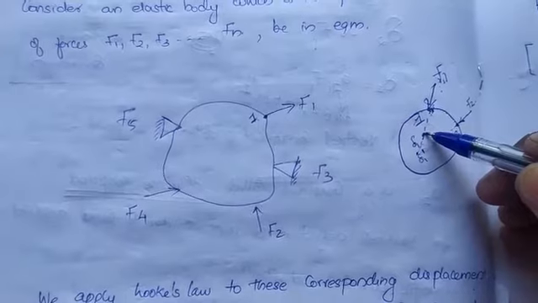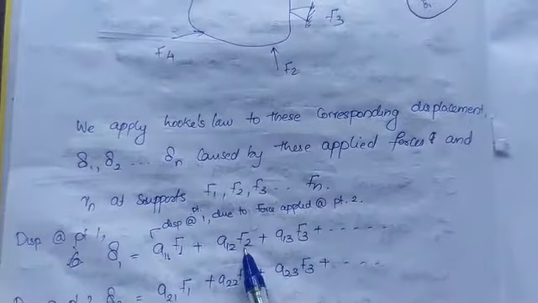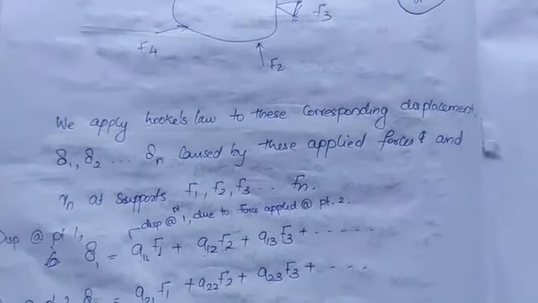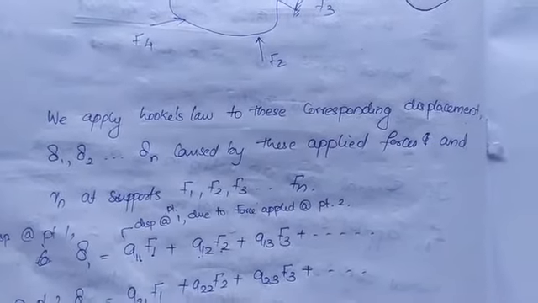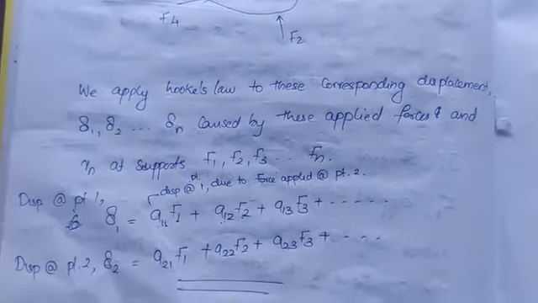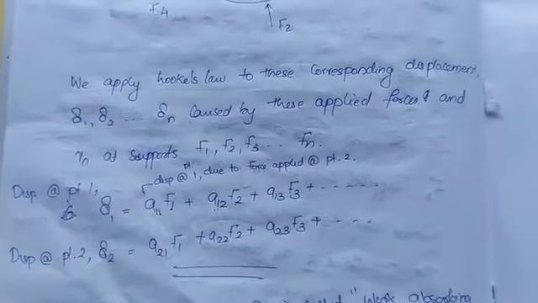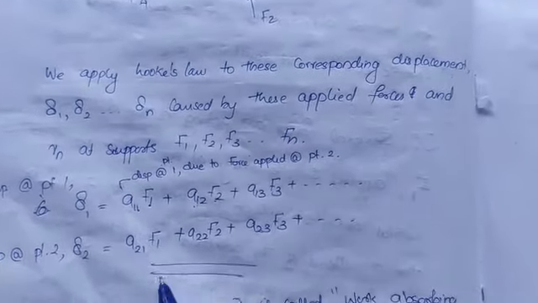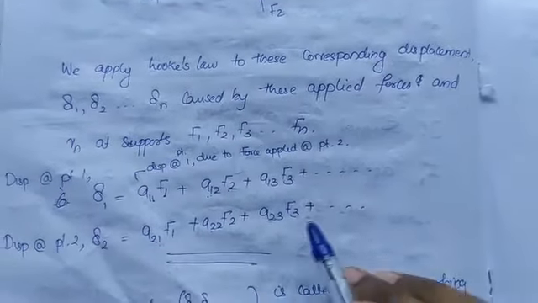And there is also a displacement due to the force F2, having an influence coefficient A12, the displacement at point 1 due to force at point 2. And it goes on, A13 F3, etc. Similarly, delta 2 is A21 F1 plus A22 F2 plus A23 F3. It goes on like this.